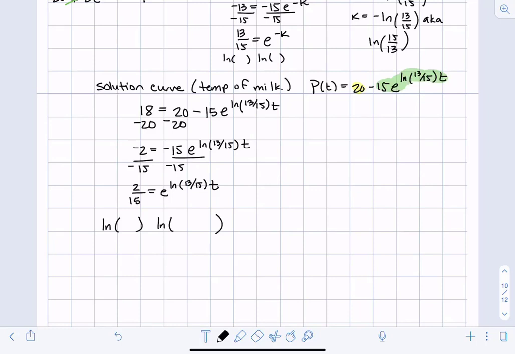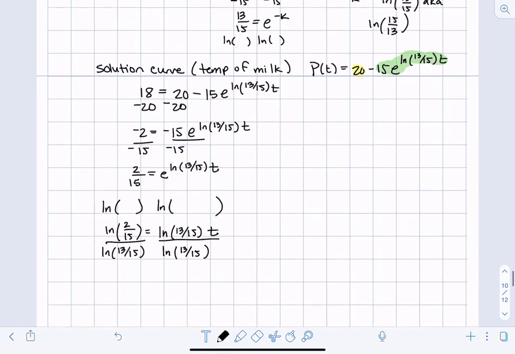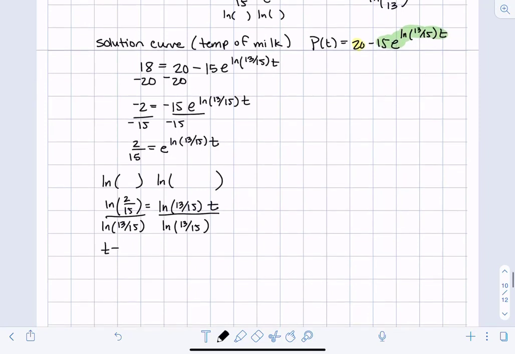I'm taking the ln of both sides. Dividing both sides by our constant, ln of 13 over 15, we get that t is this ratio of logs.